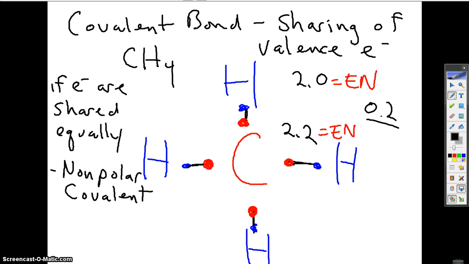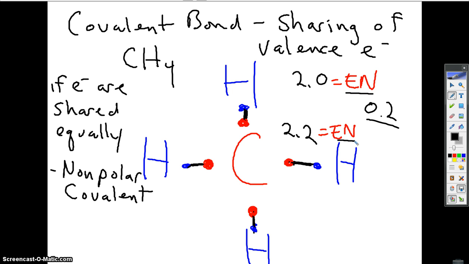So in this case, each hydrogen will share 1 electron with carbon. And what happens is carbon reaches its octet, so now we have 2, 4, 6, 8. The hydrogen only wants 2 because it's a smaller atom. Each hydrogen has 2. If the electrons are shared equally like they are in this case, it's nonpolar covalent. Up in the right here, you'll see the En.